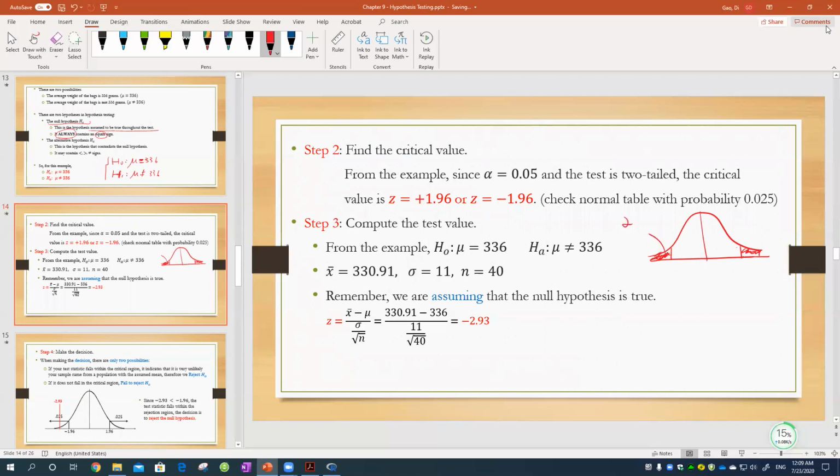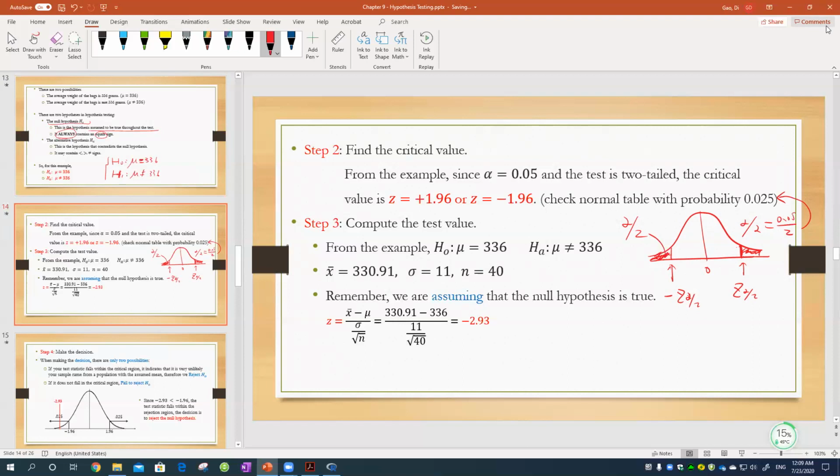So this is alpha over 2, and this is also alpha over 2. Since we know alpha is 0.05, then we get 0.05 divided by 2, that's 0.025. So that leaves us this number going to be z sub alpha over 2, and this number going to be negative z sub alpha over 2.